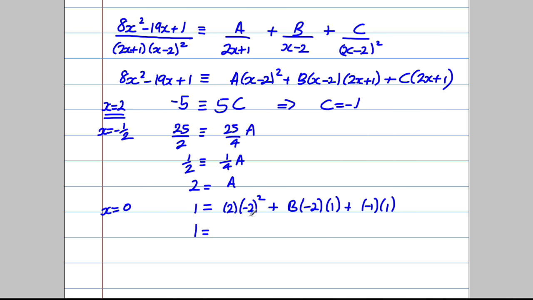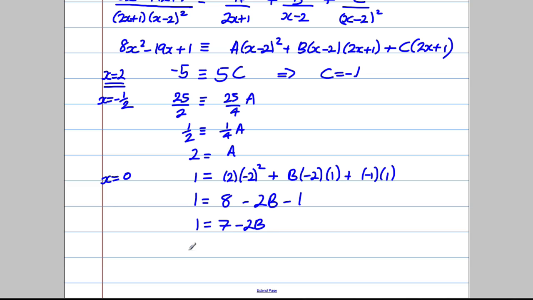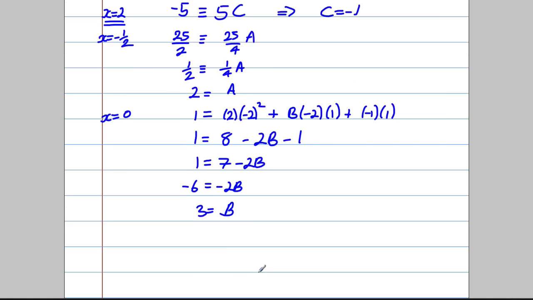So therefore negative 2 all squared is 4, so this would be 2 times 4, which is 8. Subtract 2B, subtract 1, so we'd have 1 is equal to 7 subtract 2B. And so I'd take away 7 off both sides, so negative 6 would equal negative 2B, and therefore dividing by negative 2, B would equal 3. So that's all my partial fractions work.